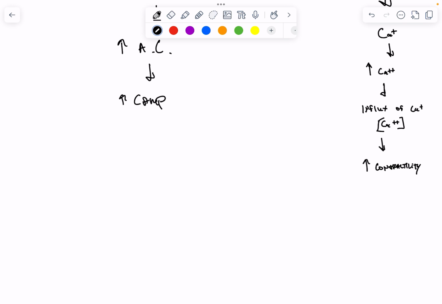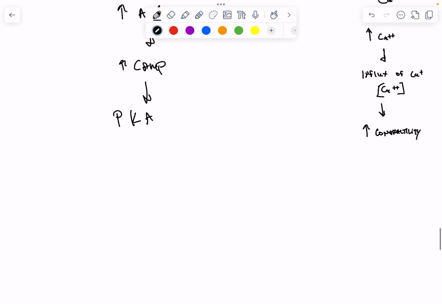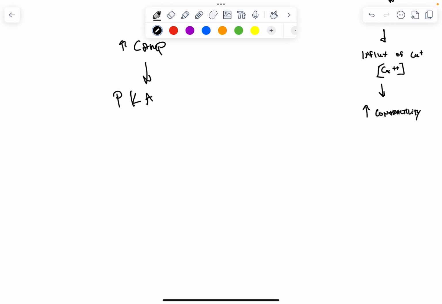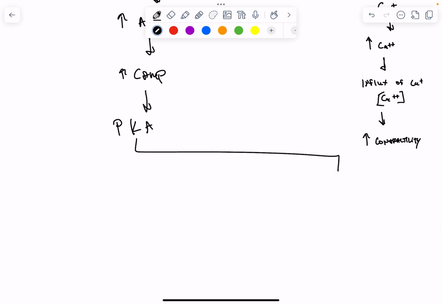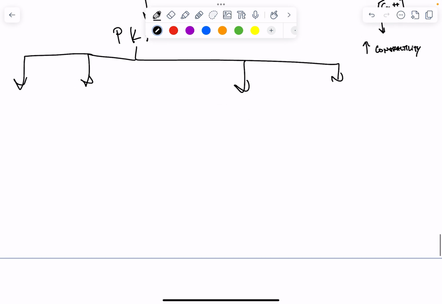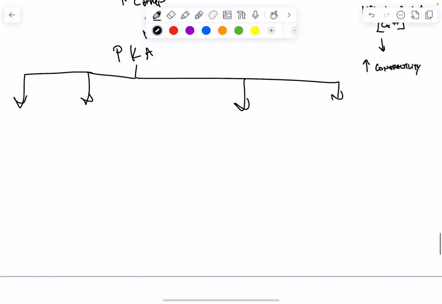We know that cAMP activates protein kinase A. When protein kinase A is activated, there are 4 things that can happen. We can have phosphorylation, and these are all going to stand for phosphorylation.